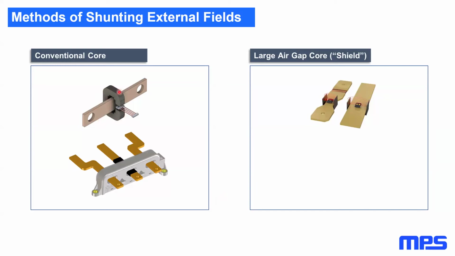So this is LEM, a company that I worked for, my second job out of college. This is their traditional way that they do their current sensors. You have a Hall effect sensor on a die, and you wrap a full closed core that has just a little cutout. This is the same thing, except it's packaged in here and inside here.